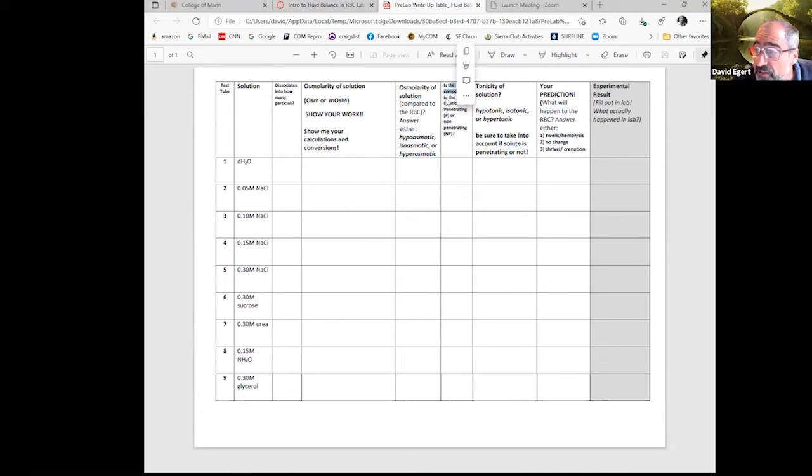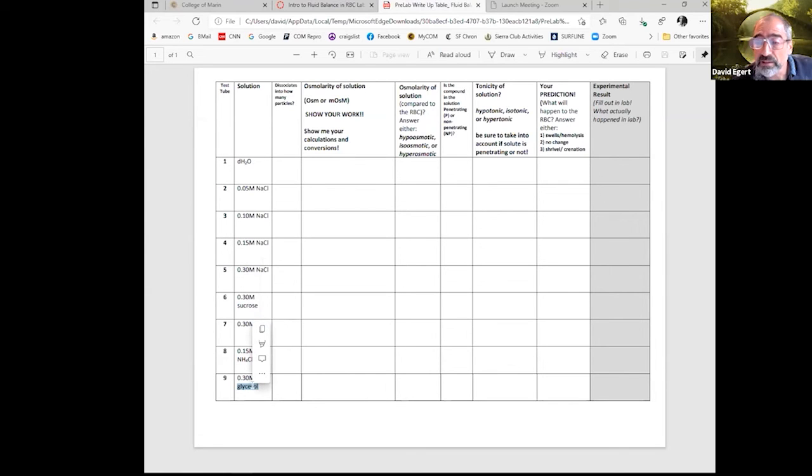Then you got to think, is it penetrating or non-penetrating? Just as a spoiler alert, salt and sugar do not penetrate. You know that already. Urea, I just kind of told you it does penetrate.